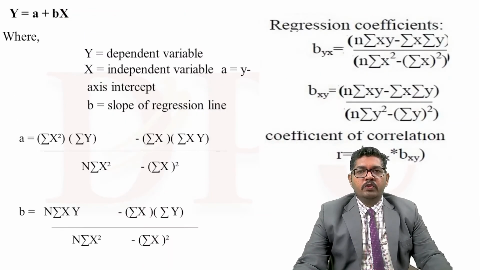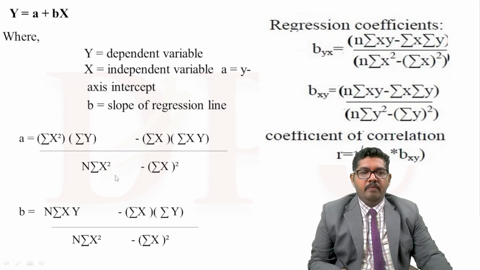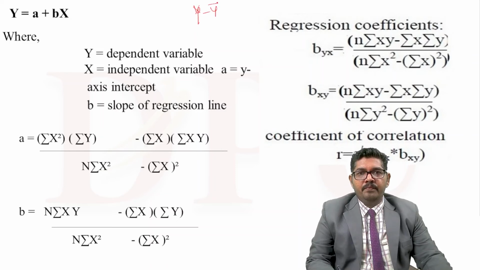So these were the regression coefficients for the direct method we have already discussed, right? Let me elaborate this again. We can have the equation y minus y bar is equal to byx, the regression coefficient of y on x, multiplied by x minus x bar.